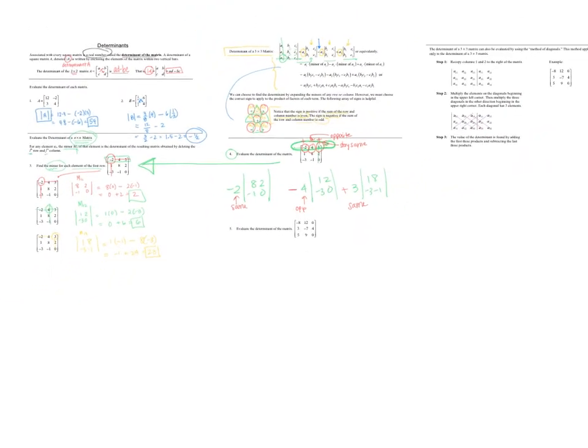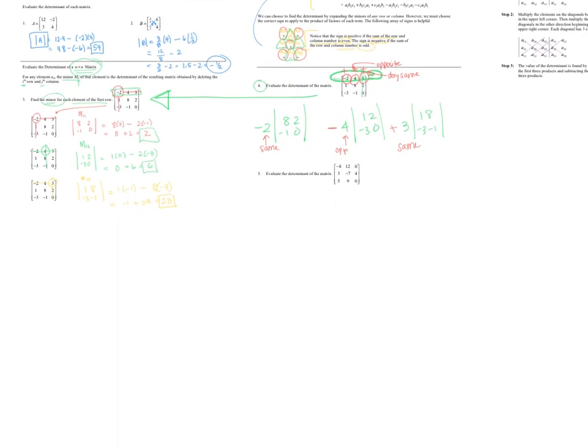Now we calculated those quantities already, so I'm going to go over here, and I already know that this determinant here was 2, this determinant was 6, and this determinant was 23. So again, just based off of what I found earlier.